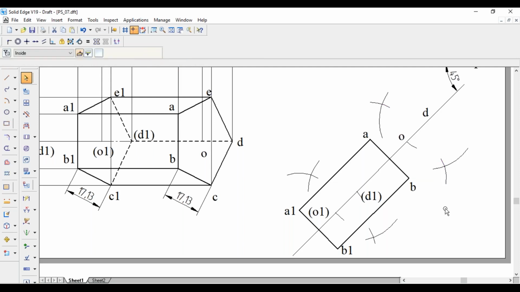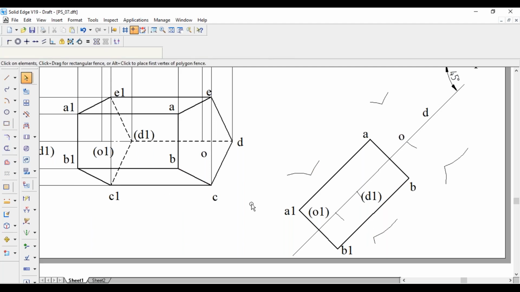Now we got remaining 4 points. That is C and E, C1 and E1 we got. So this is C, E, similarly C1, E1.